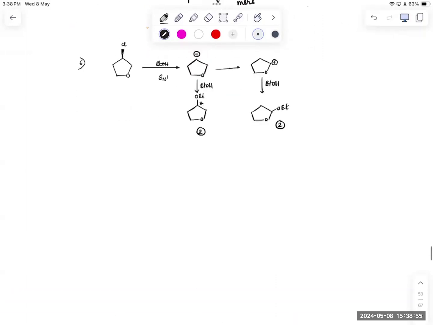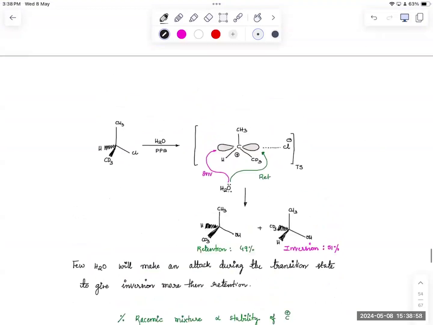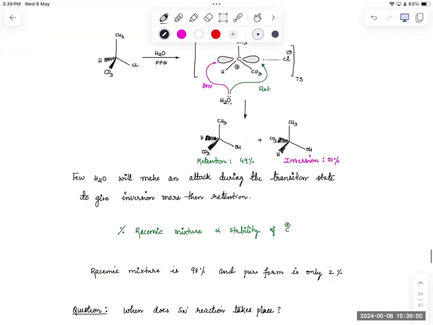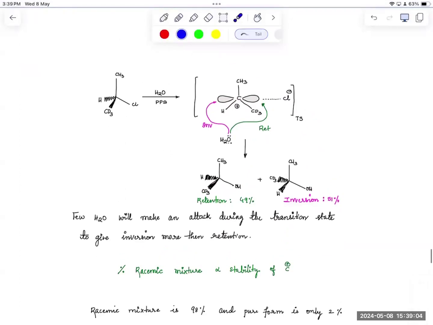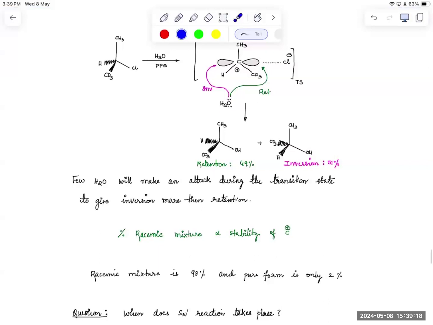Done with this question, right? I told you about racemization already, that once you get a carbocation, water or a nucleophile can attack from either of the directions. So we'll get this product and this product. And like we discussed earlier, inversion will be slightly more than retention.